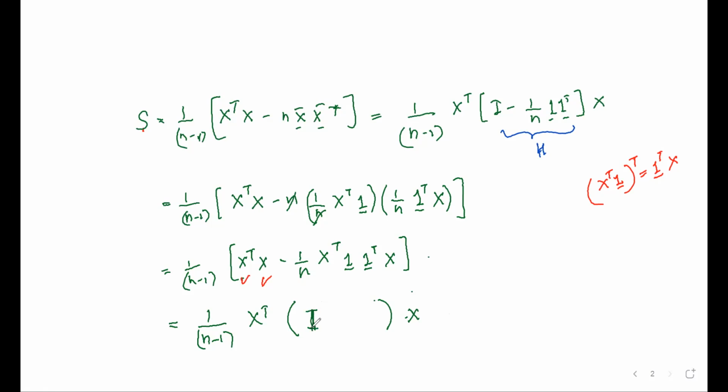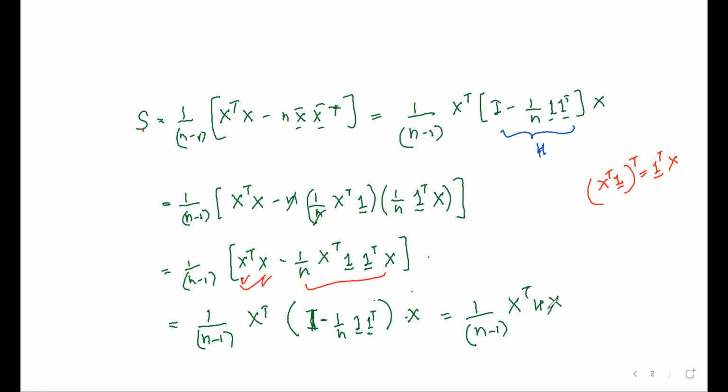it should be I, right? We cannot say H directly. So from this part, we have I. From this part, we took X transpose and X out. So we end up with 1 over N, 1 1 transpose, right? That's actually our H. So that's why it says we can show this in this form also, X transpose HX.